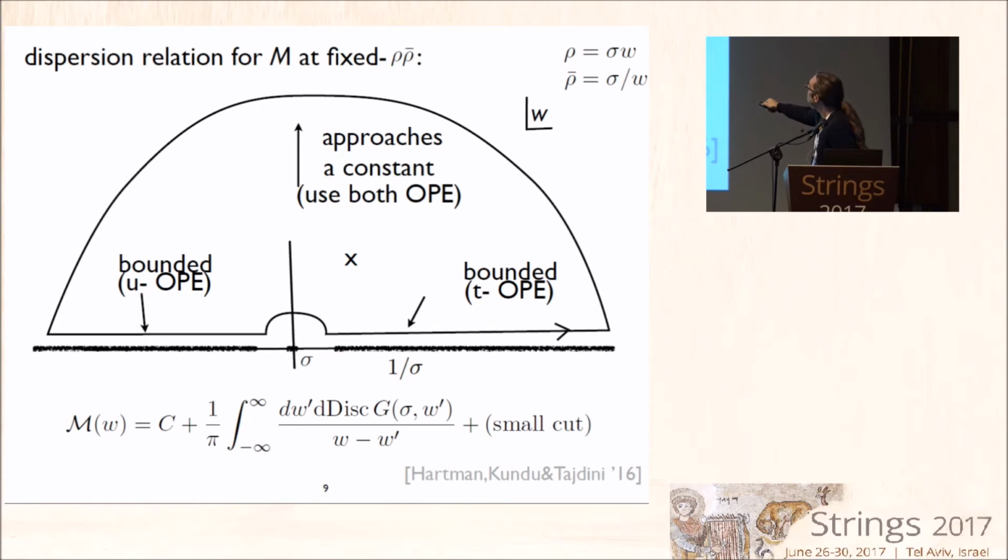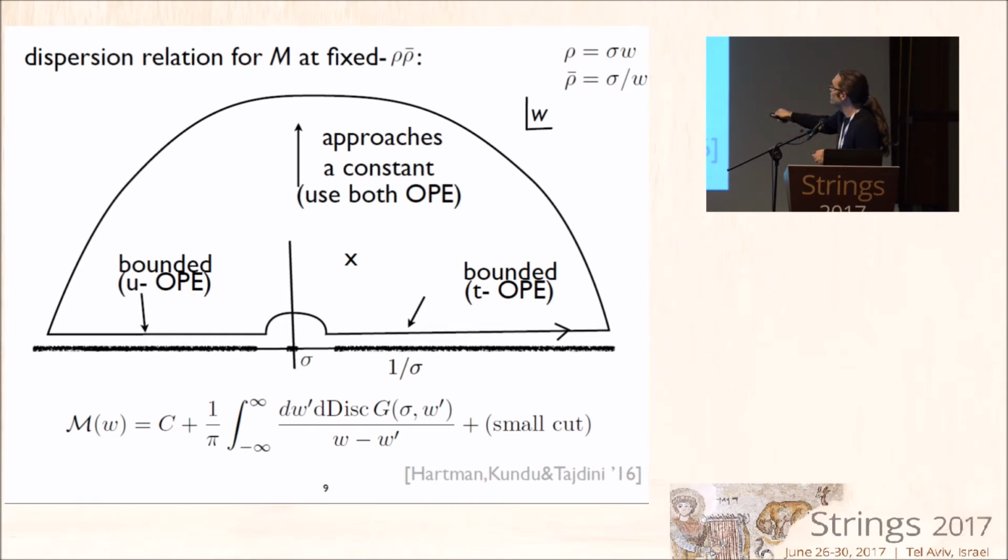In this variable, it takes a bit of work, but you think about the correlator, and you can get a dispersion relation for this amplitude that I define, and express it in terms of this double discontinuity. There's a small glitch. This expression is not new; a very similar expression appeared here, and the details are in the paper. All I want to say here is that if you think about this kind of dispersion relation at fixed rho bar, it doesn't quite succeed.